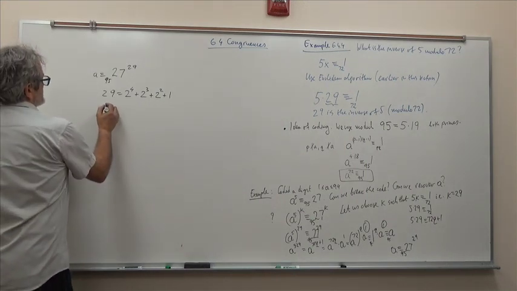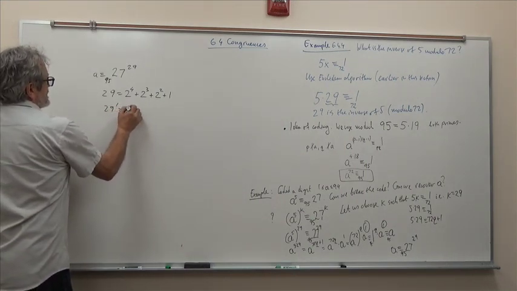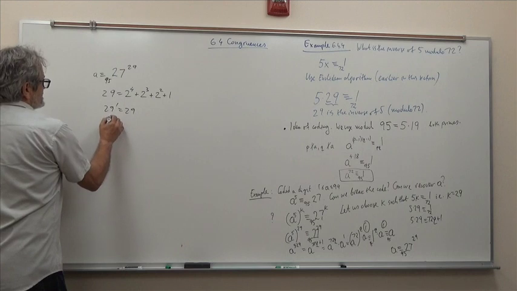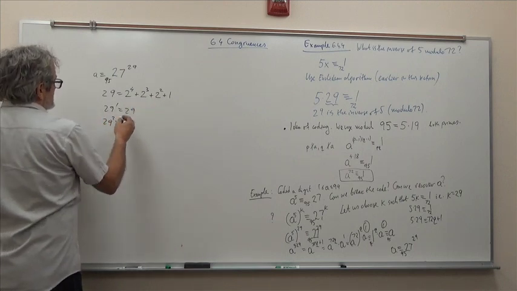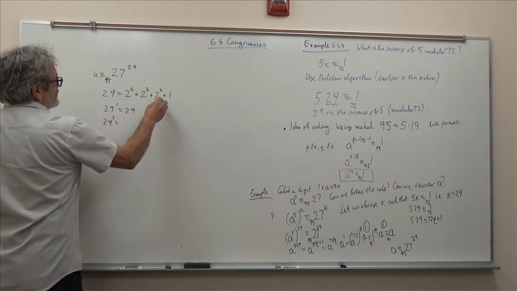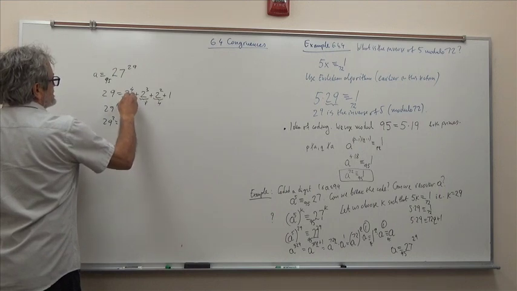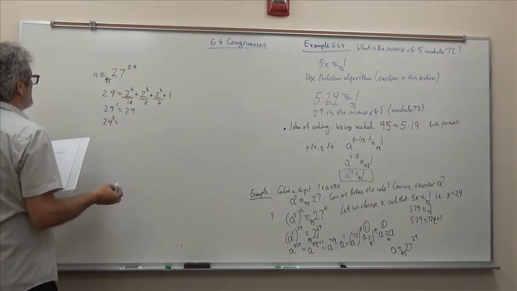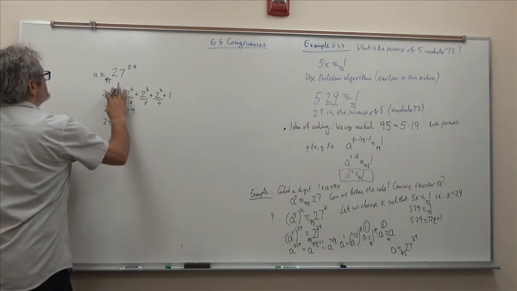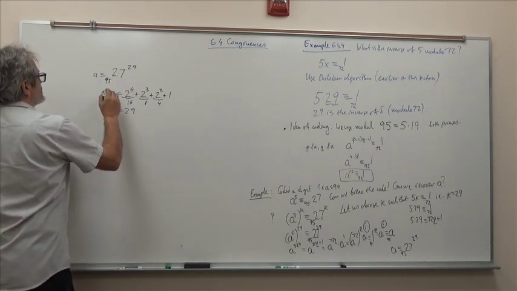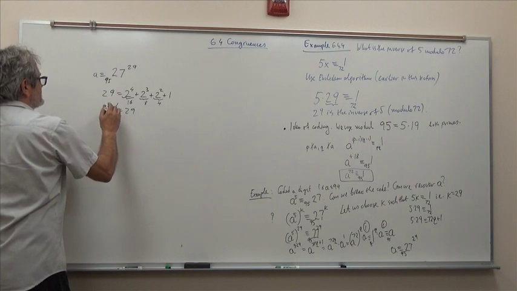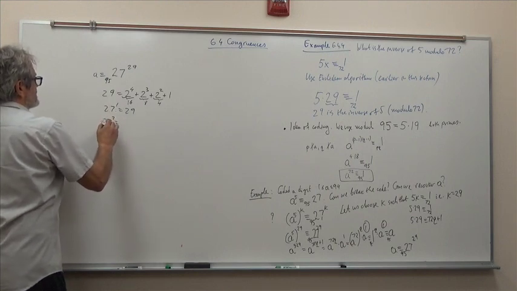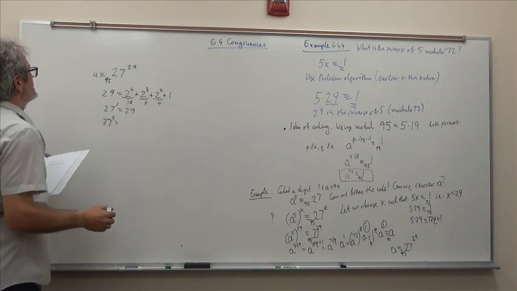So 29 to the 1 is just 29. I don't need 29 squared, because I need the 4, 8, 16 powers, but I have to calculate them. Sorry, 29 is fine, 27 to the 1st. I'm raising 27 to these powers.